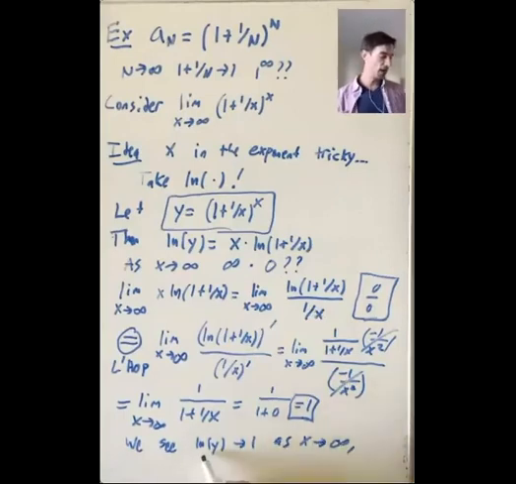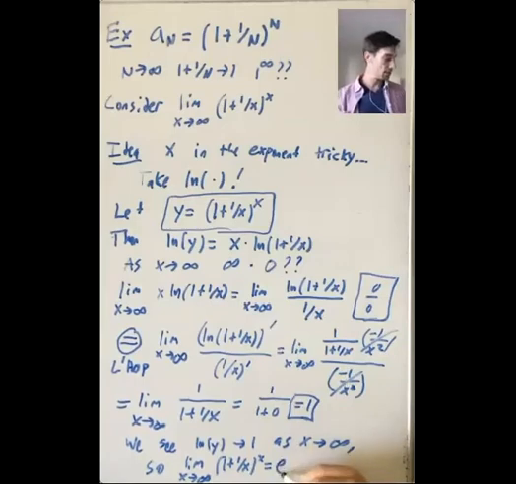So if the natural log of something goes to 1, then what is that something going to? So that means that the limit as x goes to infinity of (1 plus 1 over x) to the x has to be equal to a thing where you take natural log and you get 1. So it has to be e.